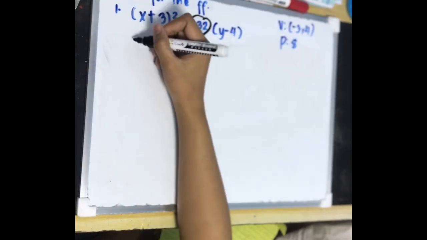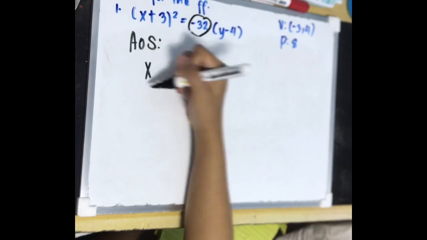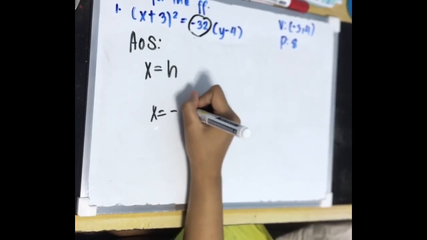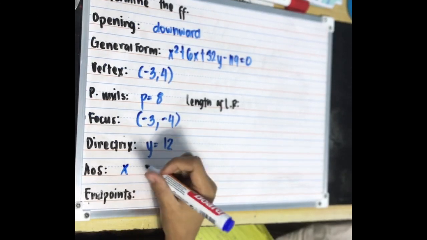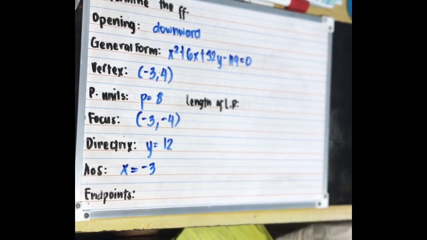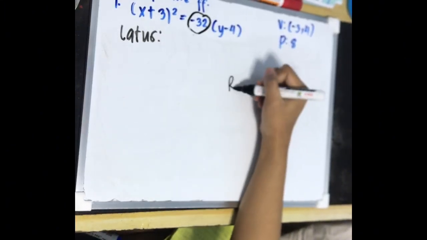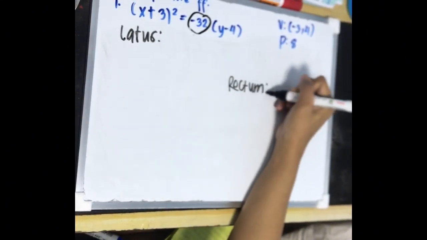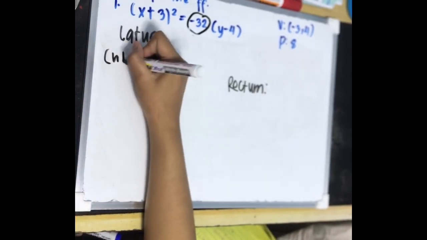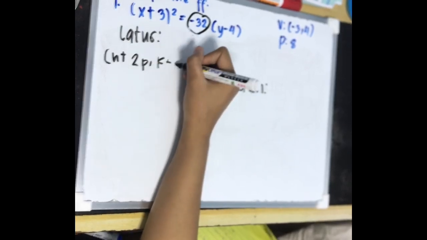So, now let's find the axis of symmetry. To find the axis of symmetry, we're going to use the following formula, x equals h. So, our h basically is negative 3, so that would be the answer. So, now to find the latus rectum, the formula that we'll be using is h plus 2p and k minus p.